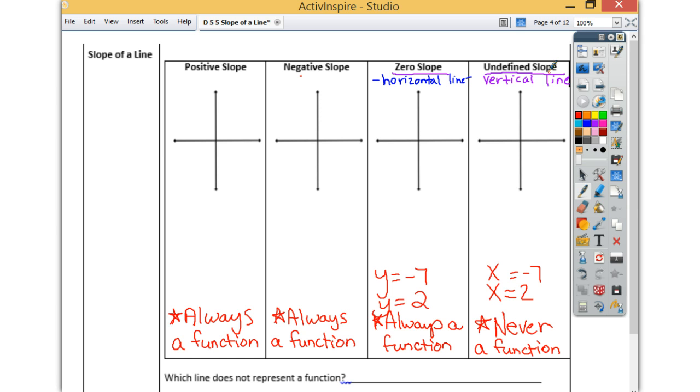So we can answer it before we even draw our lines on here for examples here in a second. We can answer this question. Which line does not represent a function? Which one of these is not a function? An undefined slope.